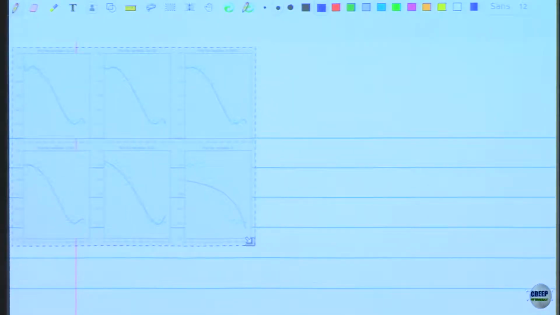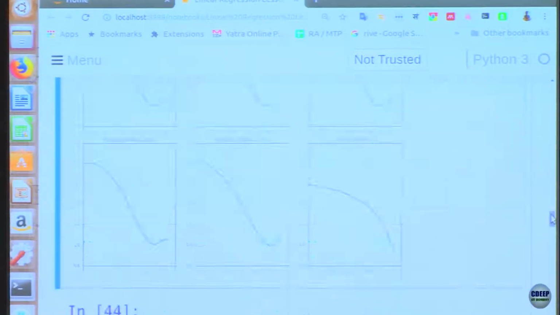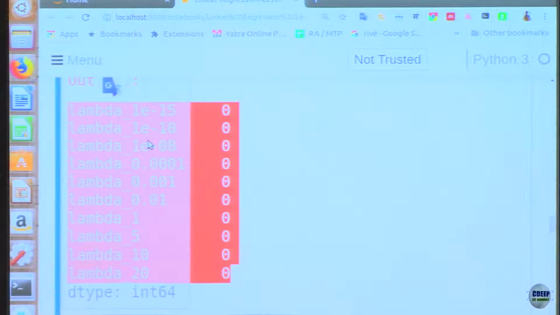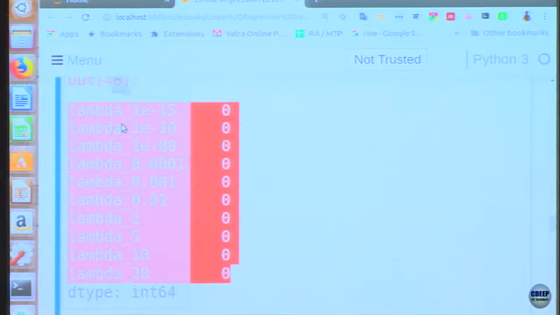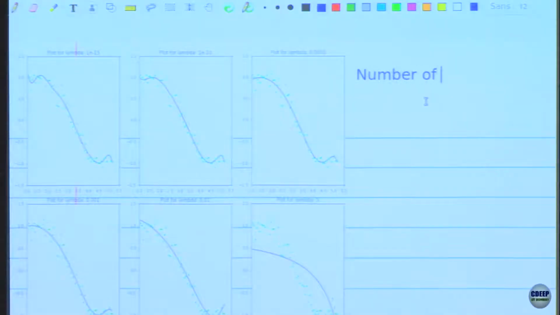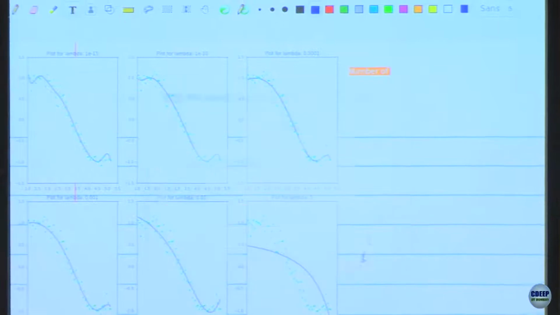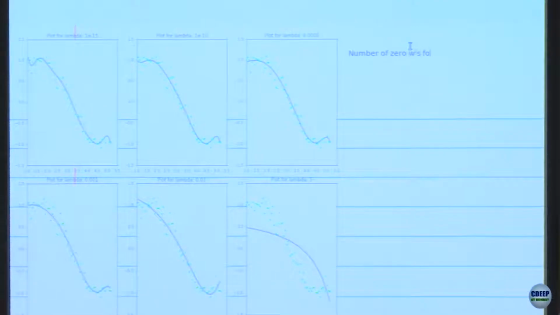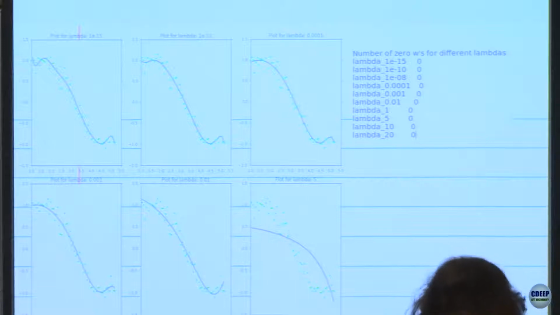These are the L2 regularized components, and what we observe is if you try and plot the number of W's which are zeros for different values of lambda, you find that there are hardly any zeros.